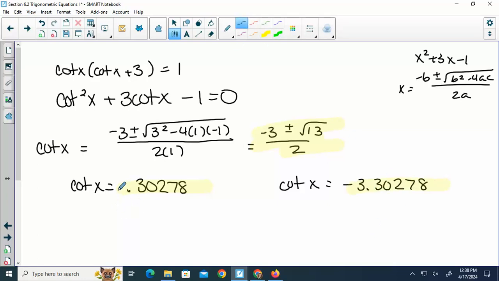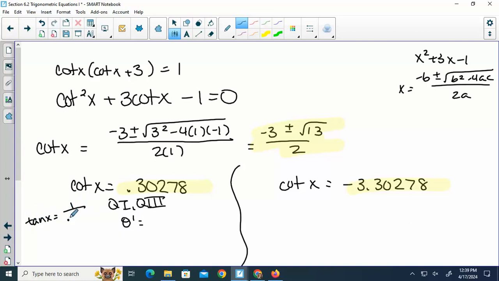Quadrants. Let's finish solving this one over here. When is cotangent positive? For our reference angle, we were in degrees, so switch over into degree mode. We don't have a cotangent button, so we figure out how to type this in. This means tangent is the reciprocal.